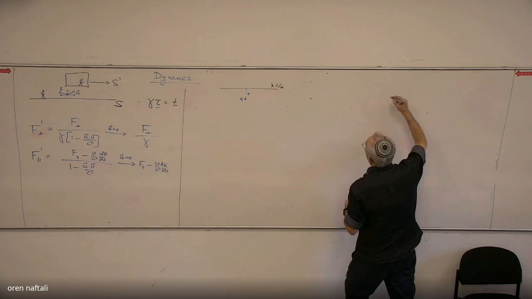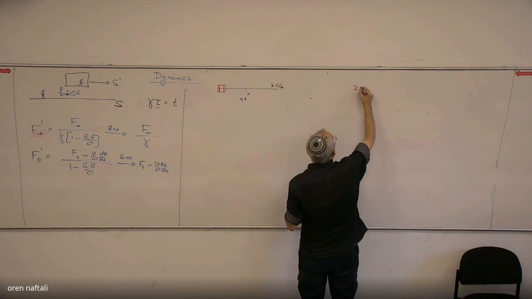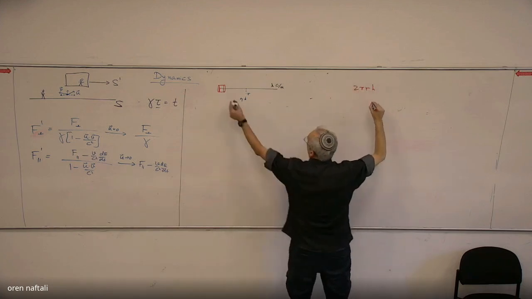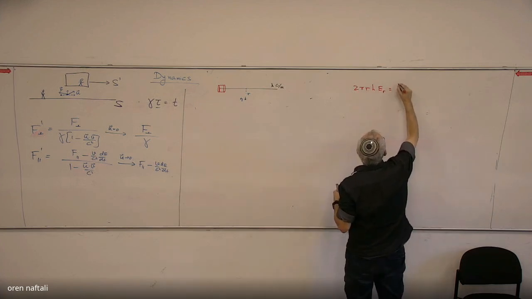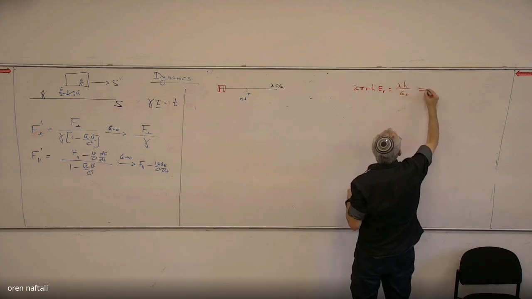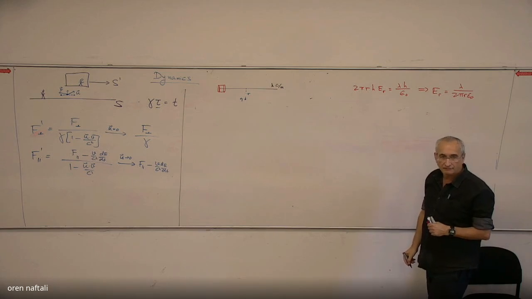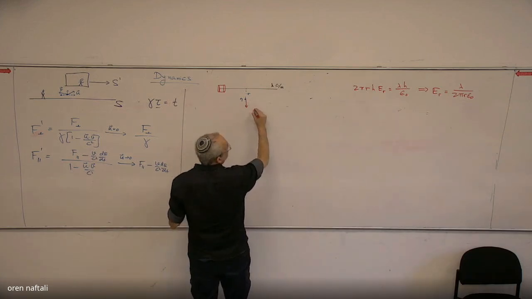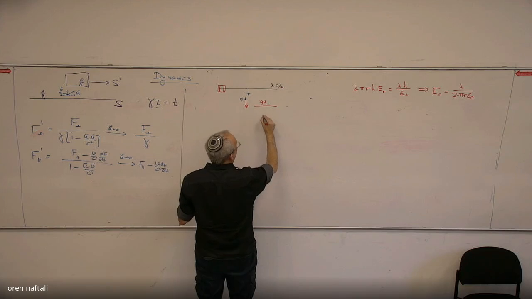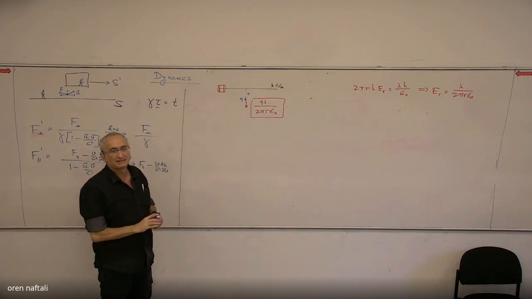You can build a Gauss surface like that, and you find that 2 pi r h, where h is the height of this, times E r is equal to lambda h divided by epsilon naught, and therefore E r is lambda divided by 2 pi r epsilon naught. No, sorry, this is the electric field, and the force is QE. So there will be a force here, which is Q lambda divided by 2 pi r epsilon naught. This is the force in the S system.